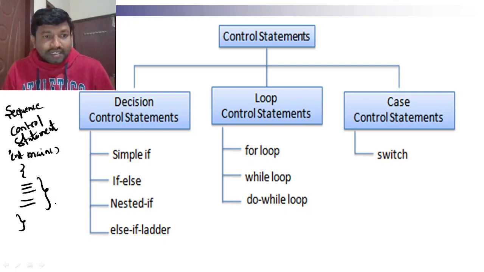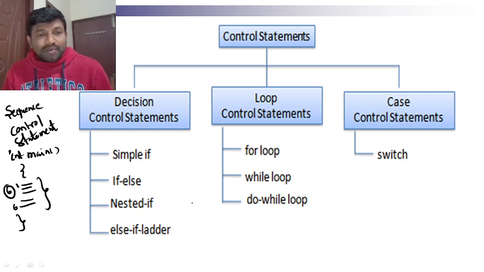What does it mean? For example, I have 6 instructions here. The 6 instructions are executed one after another in the order in which they are written. If I index these instructions 1 to 6, once instruction 1 is executed, the control goes to instruction 2 and so on, and 1 to 6 get executed. Those kinds of instructions we call sequence control instructions.